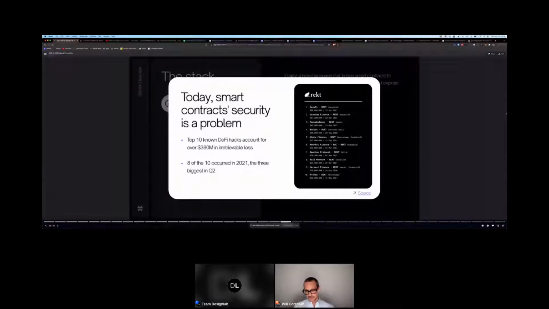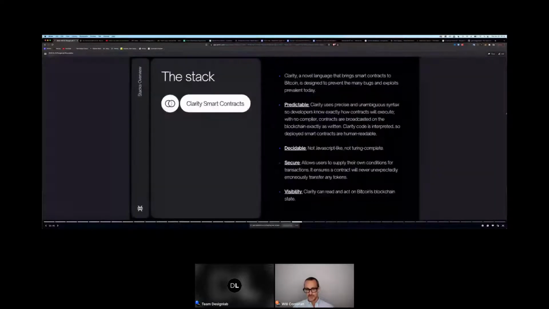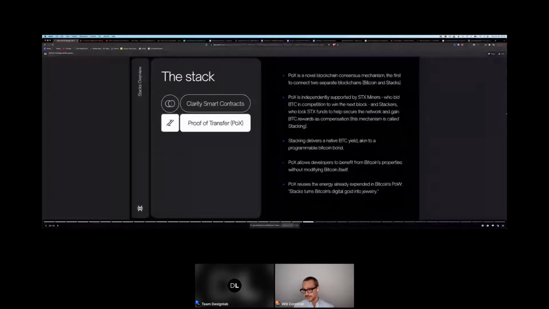Whereas the smart contracting language that Stacks uses, Clarity, is always human readable. So you're always able to know what you're agreeing to. And that is another differentiator that we feel really adds to the security and is consistent with the ethos of Bitcoin.